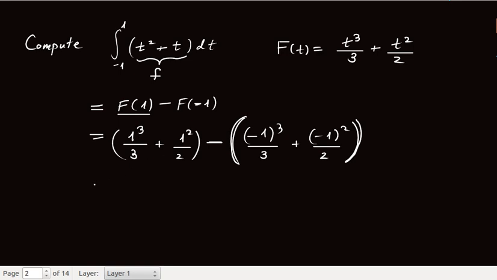Okay, and then you can evaluate this just by the usual business. 1 cubed is 1, so 1/3 plus 1/2 minus, and then in parentheses, (minus 1) cubed is the same as minus 1, so that's minus 1/3, plus, and then (minus 1) squared is 1/2. Okay, and then if you work it out, 1/3 minus minus makes a plus 1/3, so that's 2/3, and then 1/2 minus 1/2 makes 0. So the answer is 2/3.